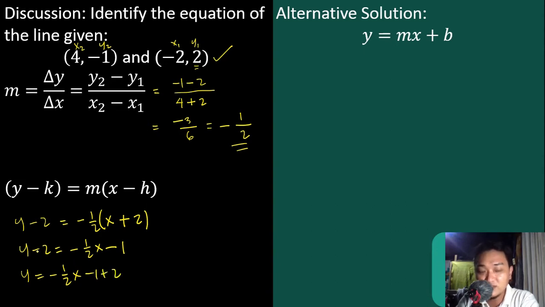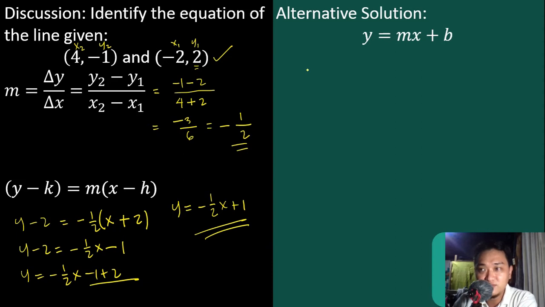Why plus 2? Because we transposed negative 2. Therefore, if we combine, this becomes positive 1. So, y is equivalent to negative 1/2 x plus 1. There you go. We now have a linear equation.